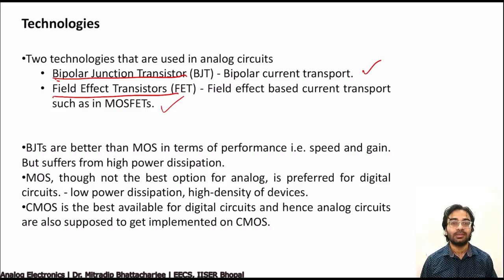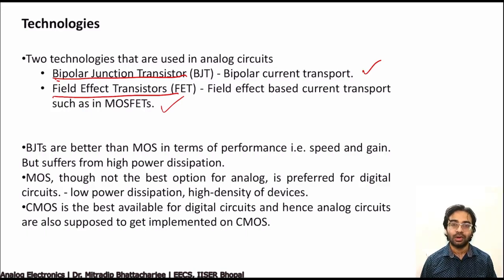Even though BJTs are good, the power dissipation in these devices is very high, which is not desirable, because ultimately power is an issue. You don't want to lose a lot of power in your devices, then your battery will drain faster. So even if the performance is better than MOS, ultimately you will lose power.